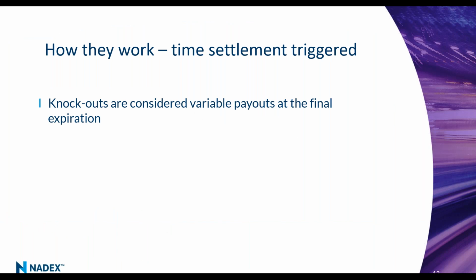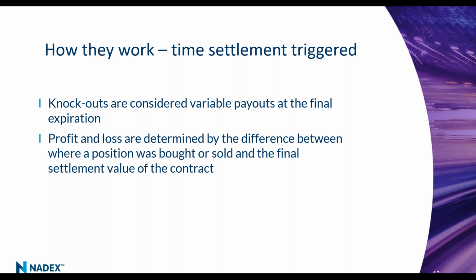Knockouts are actually considered variable payment, unlike binary options where it's always worth $100 and you can track the probabilities. With a knockout, we don't know what the final settlement value is, but the potential payouts can be determined between where you buy or sell and where the settlement is.